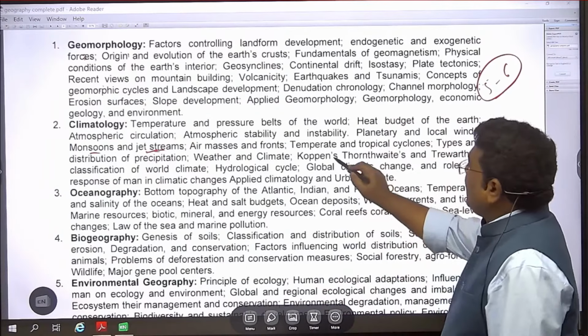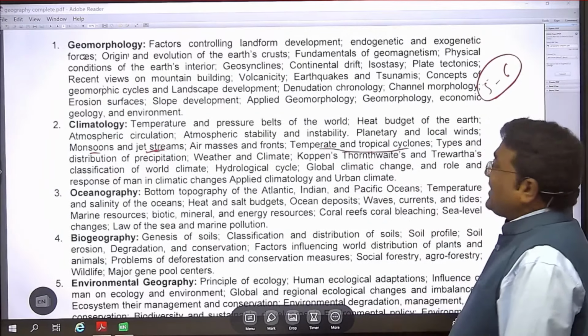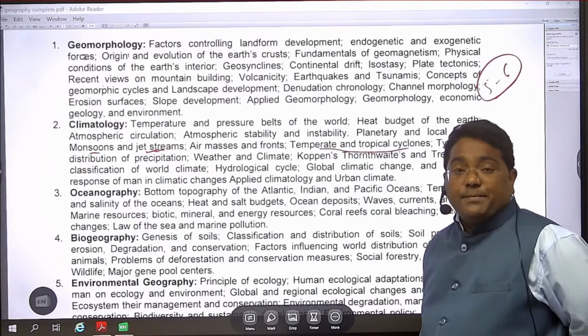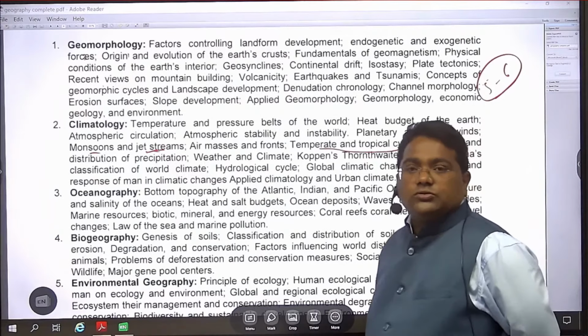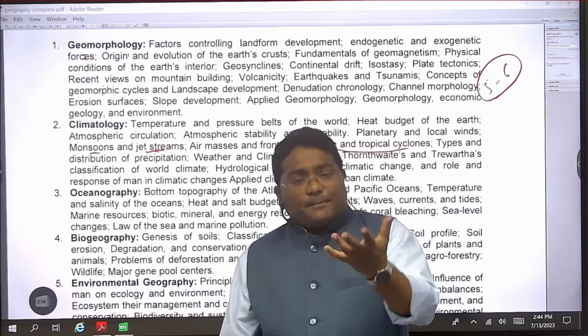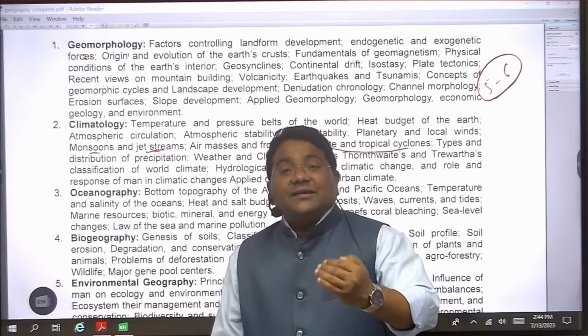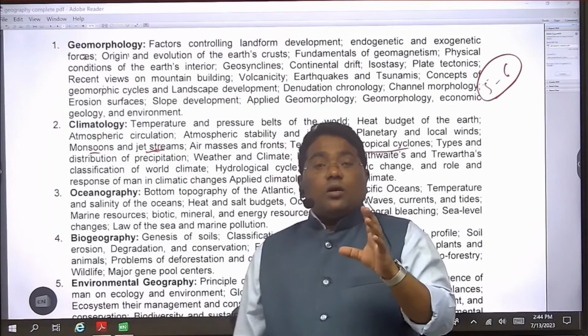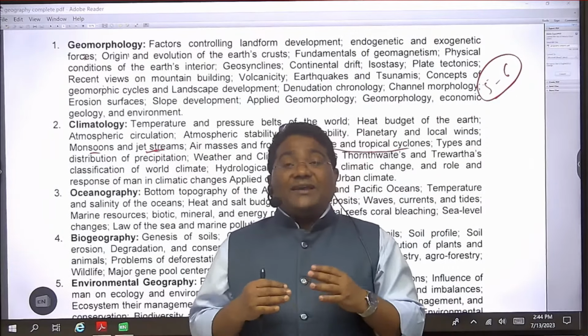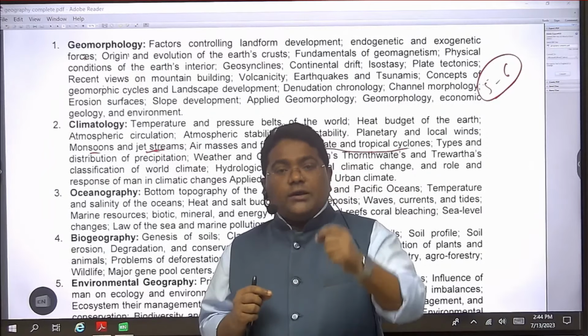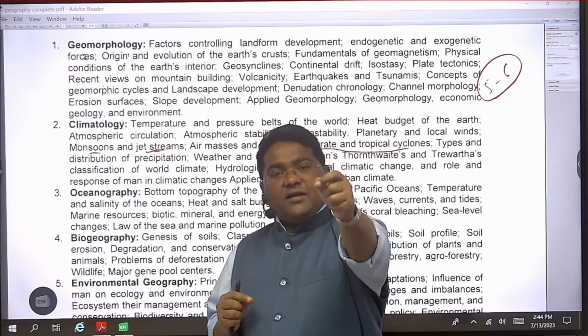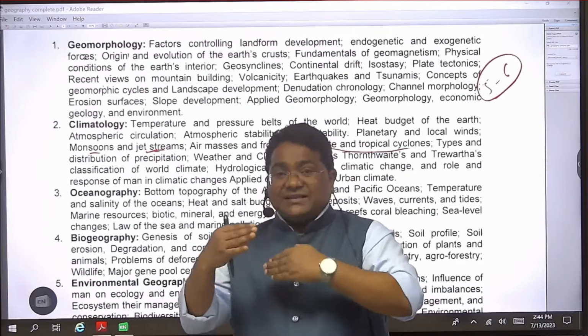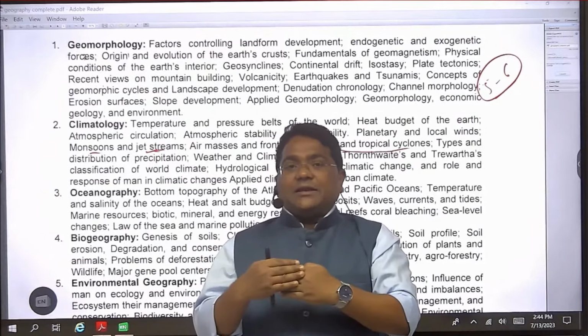And you can see here temperate and tropical cyclones. Temperate cyclone means other than the tropical cyclone. Tropical area. What is tropical area? 0 degree to 23 degree latitude. That region, that area is the tropical region.